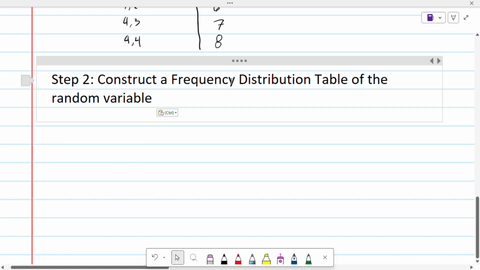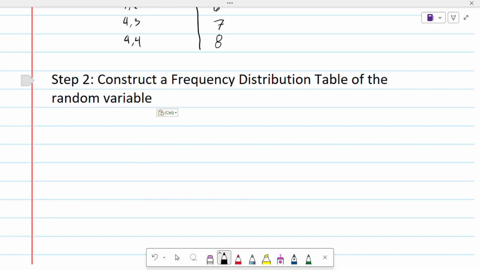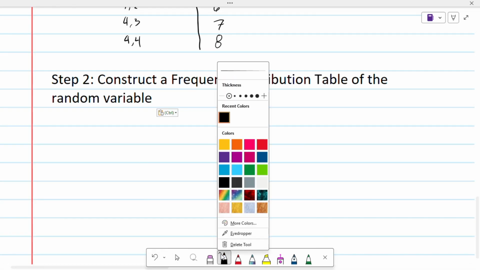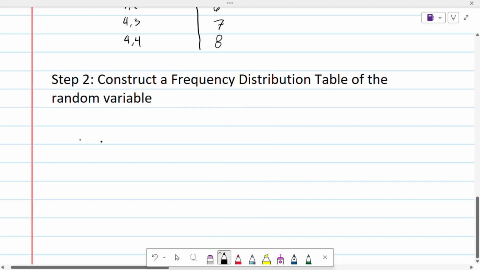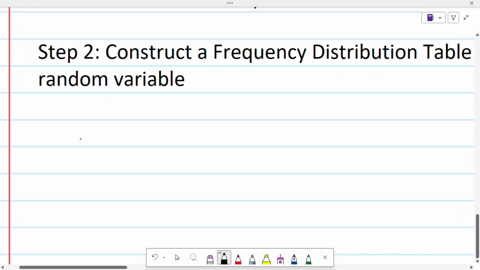From the words frequency distribution table, we are going to determine how many times our random variable occurs. So we create another table. We write x, our random variable, and here we write the frequency.